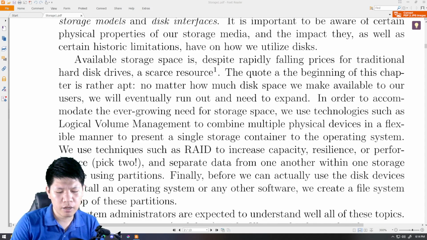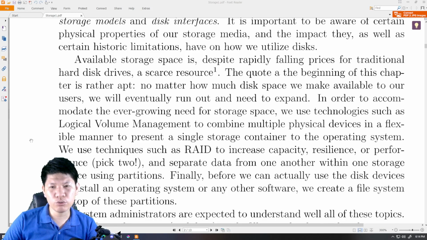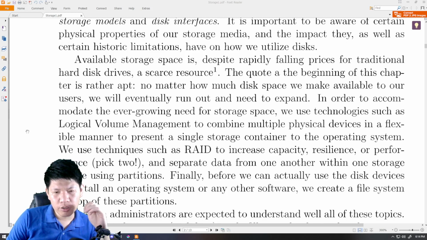And when we talk about SCSI, SCSI is also an acronym, and if not today, we will be discussing that next meeting. So this logical volume management, or RAID, can increase the capacity, resiliency, and performance. But only two of them will be prioritized.